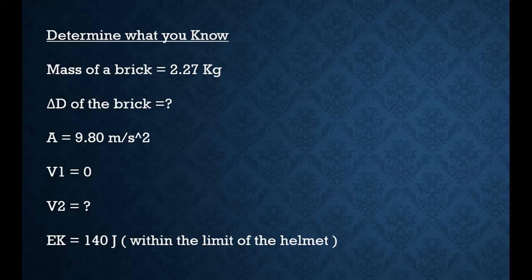We also still know the v1, which is 0. Then we also know the Ek, which must be less than 189 joules because that is the absolute limit of the helmet. That is why I chose 140 joules so that Marv can get away unscathed without too severe damage.